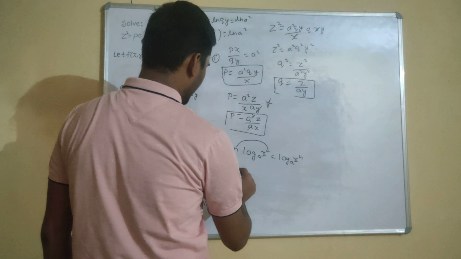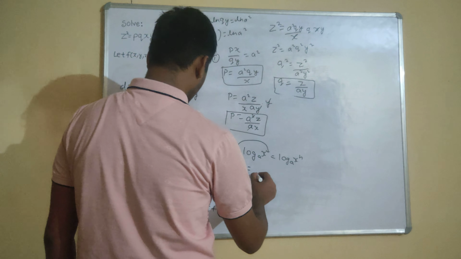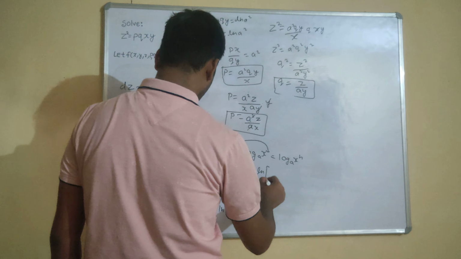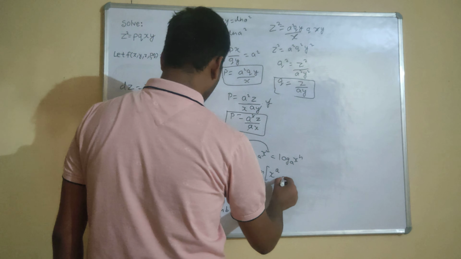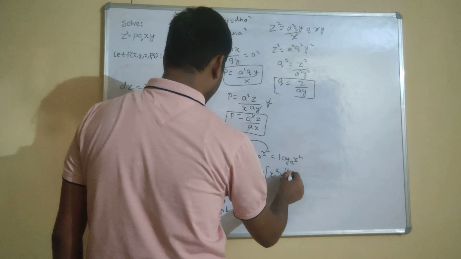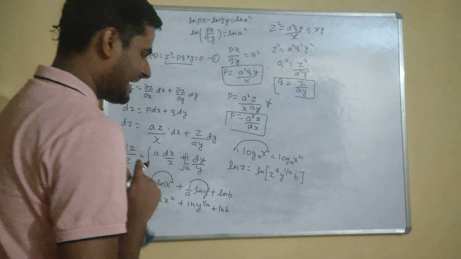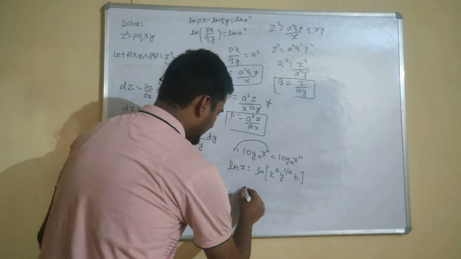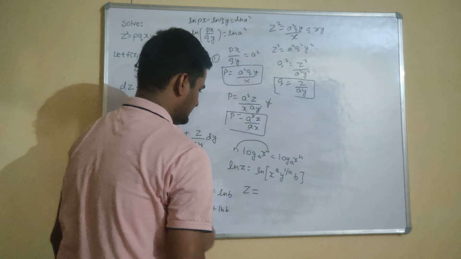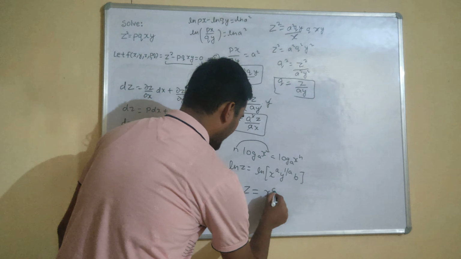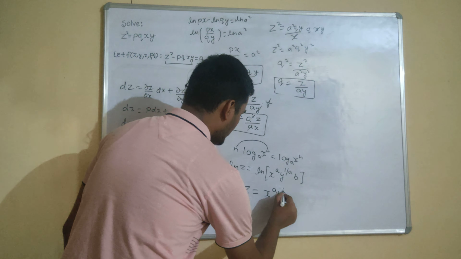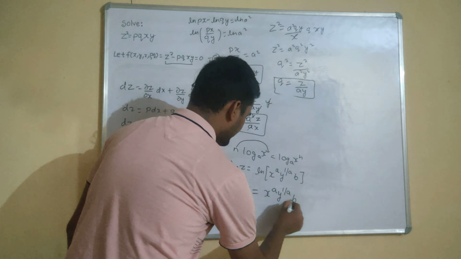So I am getting ln z equals ln of x power a, y power 1 by a and b. I can now remove log from both sides to get finally z as x power a, y power 1 by a and b.